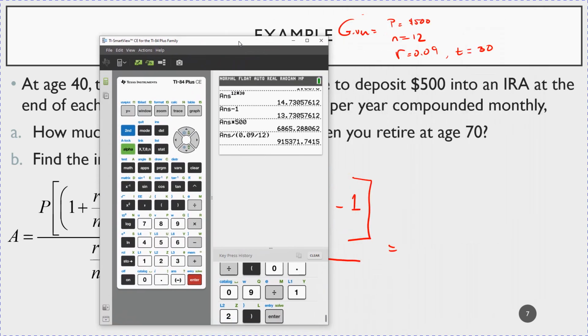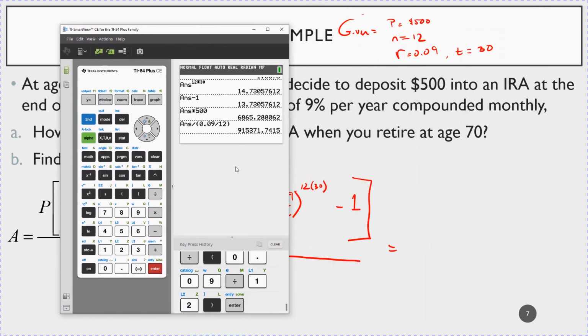Whew, lot of money. Look at this. You're going to have $915,371.74. So you made a lot of money. You can see here, $500 over 30 years gets you quite a bit when you're getting this 9%.